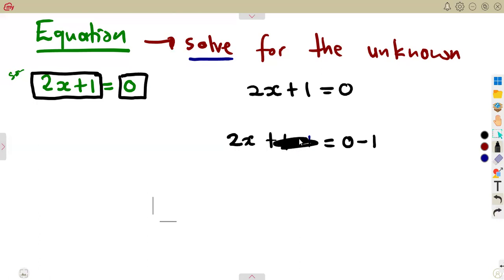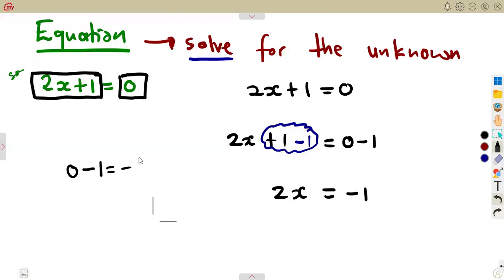We are no longer having this. You are left with 2x, because that one gave us a 0. So this is equal to 0 minus 1, which is a minus 1. All right, there you can just use your calculator. Do not panic. 0 minus 1 is going to give you a negative 1.